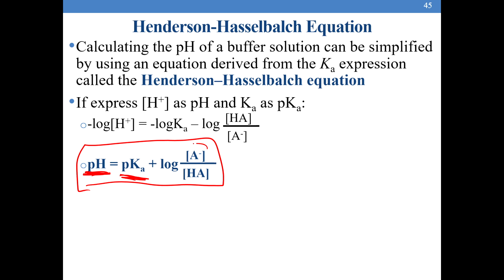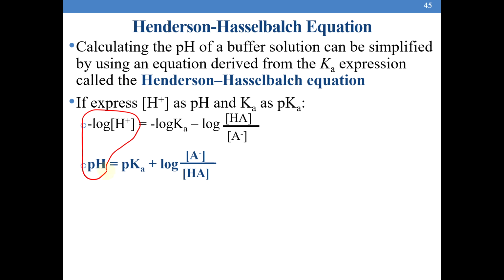As long as you knew the concentrations of the components for that buffer, you could solve for the pH of this buffer, okay? What I have listed above the blue equation is what you already know from the other equations. Technically, pH is negative log of H plus, and pKa is negative log of Ka. So the Henderson-Hasselbalch equation just reduces these negative logs into the appropriate values.